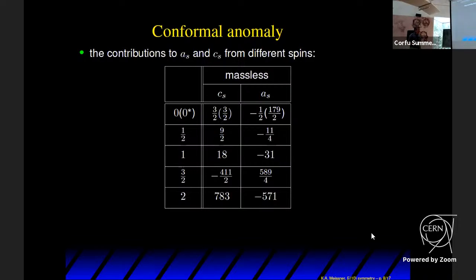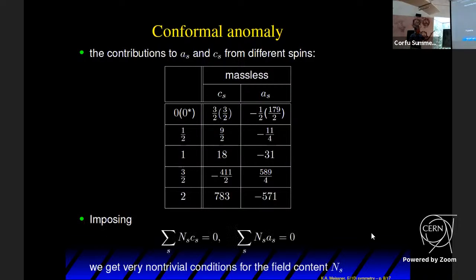But our requirement is that the anomaly should vanish. Therefore, we should find natural numbers, n_s, n_0, n_1/2, n_1, n_3/2, and n_2, so that the sum of the left column is 0 and the sum of the right column is 0. With these strange coefficients, it seems that some very large natural numbers should be needed to cancel them.